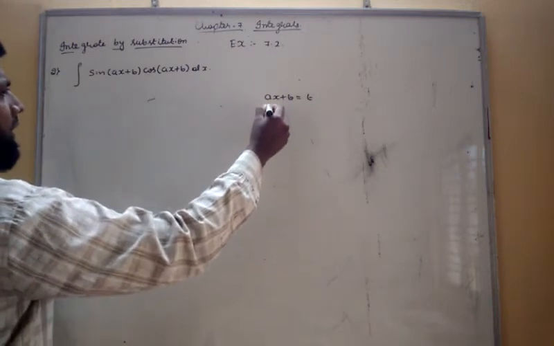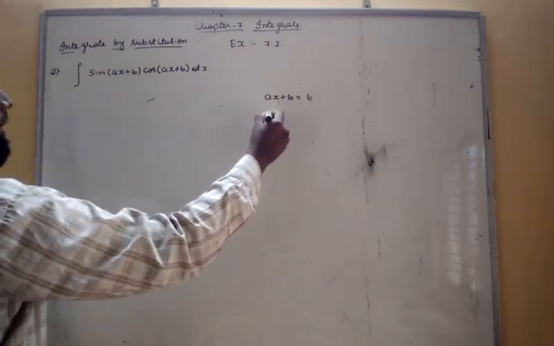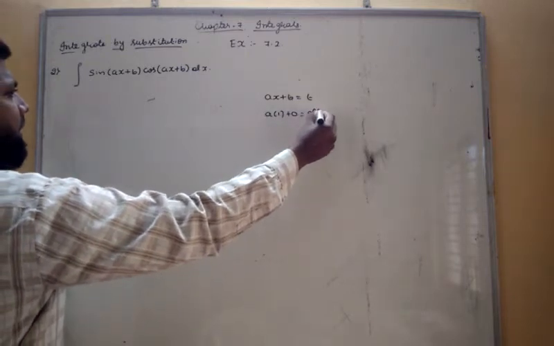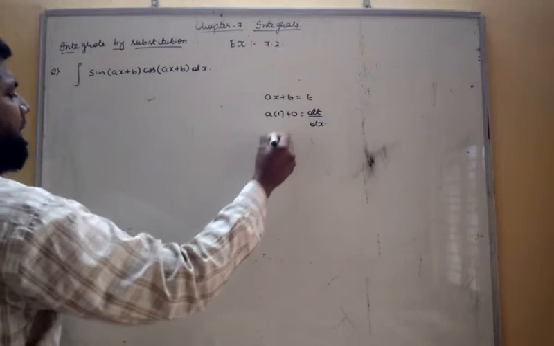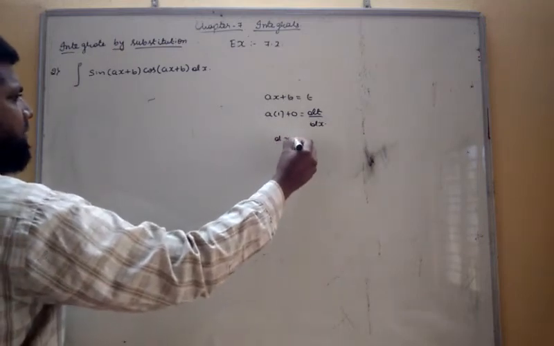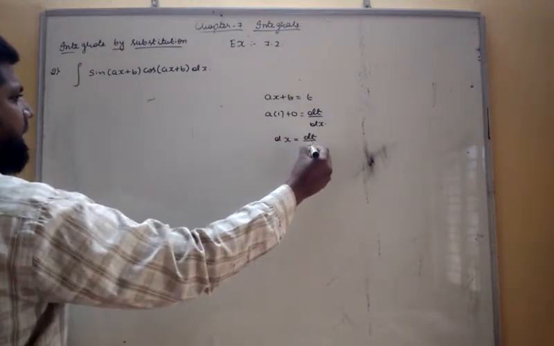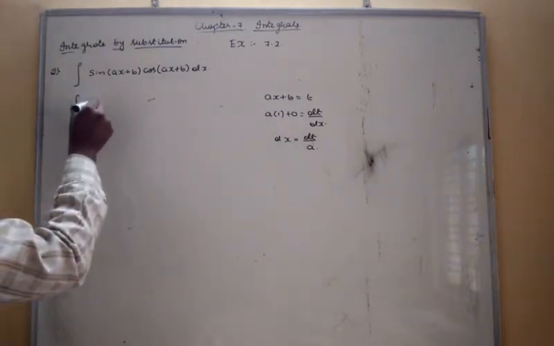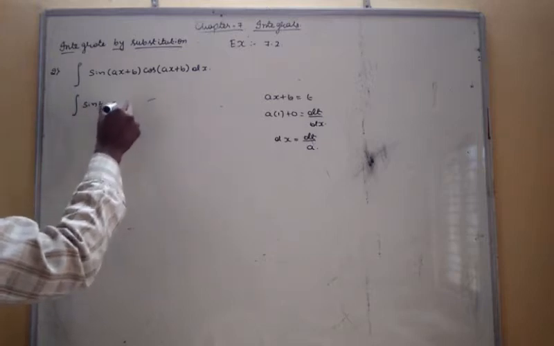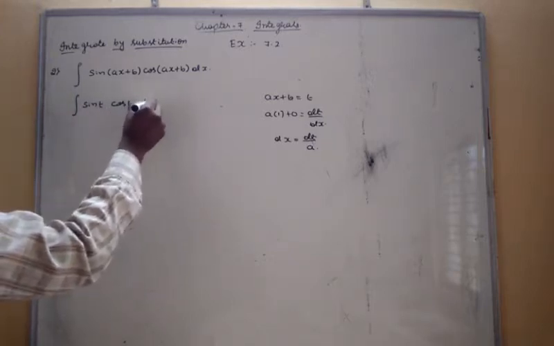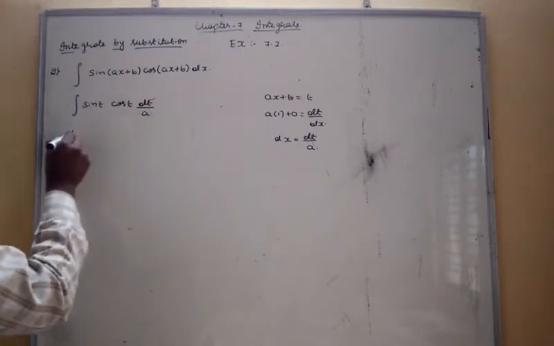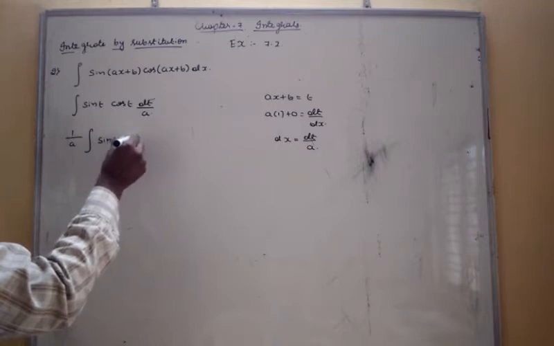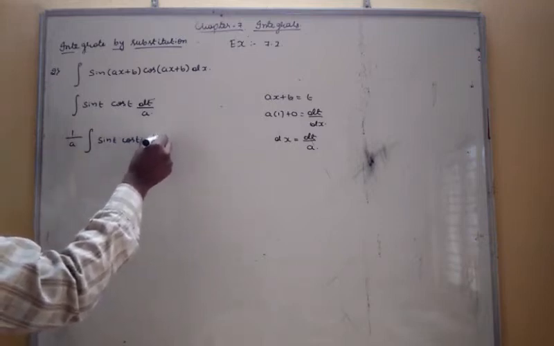So if you differentiate, a is a constant, x differentiation is 1, b is a constant 0, so dt by dx is a, then dx is equal to dt by a. Okay, so let us substitute here sin t, then cos t, then dt by a. So 1 by a is a constant, sin t cos t dt.